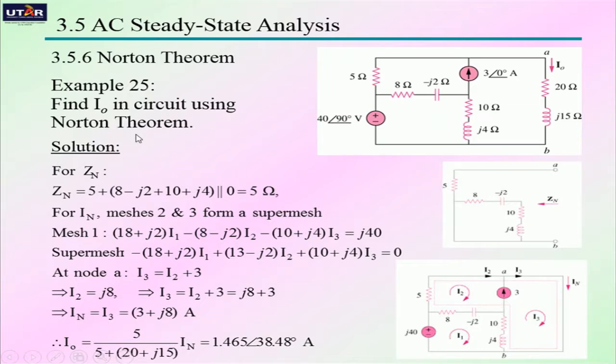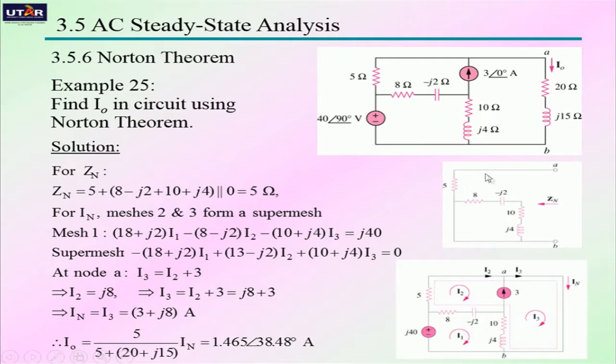Norton's theorem involves Norton's impedance and Norton's current. Norton's impedance is like Thevenin's impedance, and the same method is applied here. We have to remove the sources and then find the impedance. If it's a current source, we treat it like an open circuit. If it's a voltage source, we treat it like a short circuit.